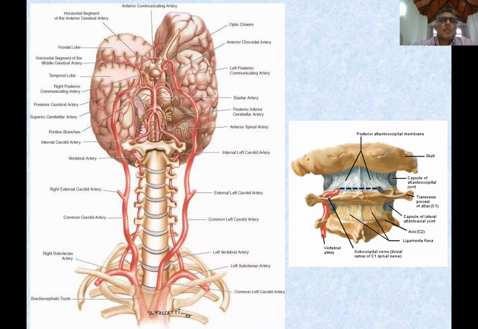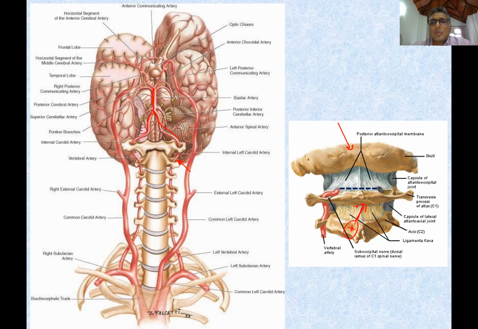Now here are the two vertebral arteries, coming through the intervertebral foramina and uniting to form the basilar artery. Okay, and this is how the vertebral arteries enter the subarachnoid space. This is your occiput, and this is your atlas vertebra. This is the posterior arch of the atlas here.